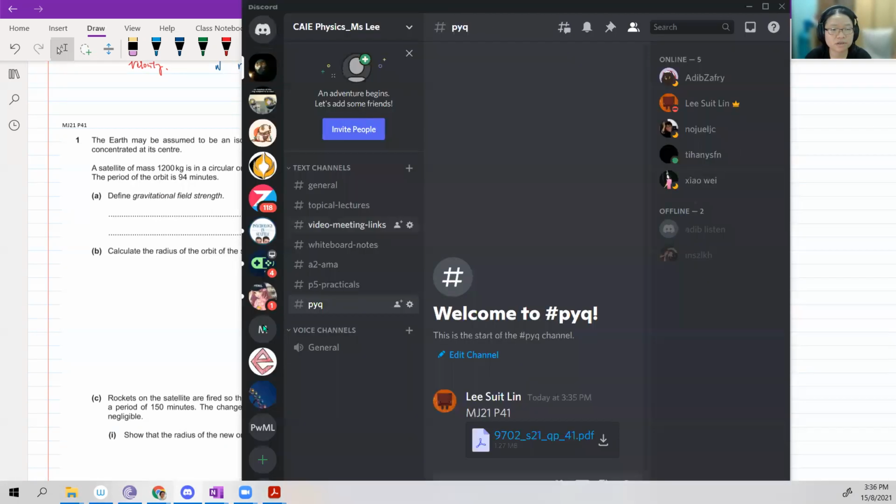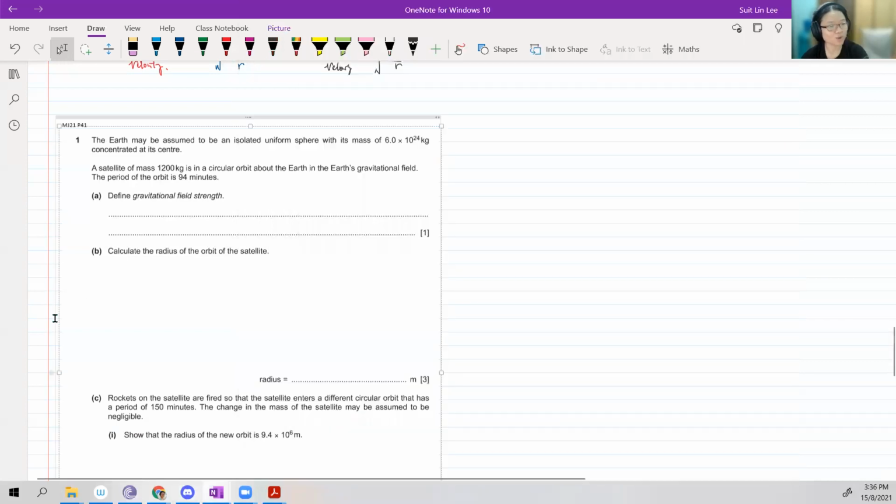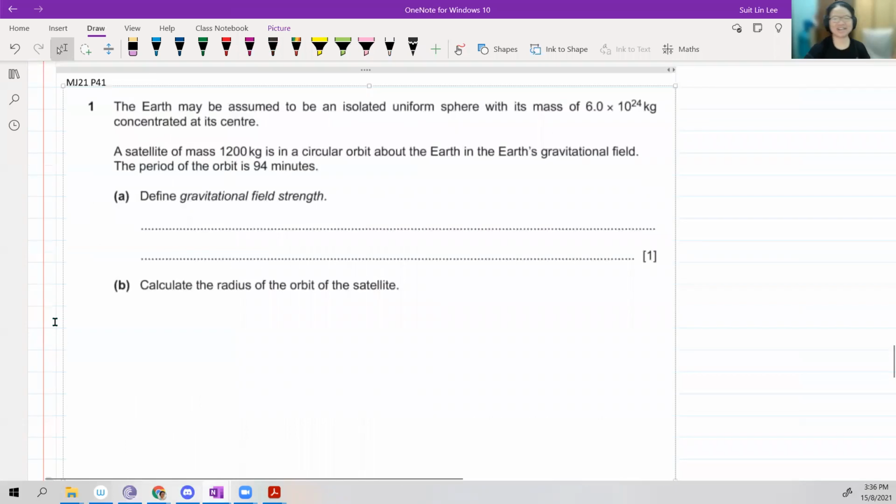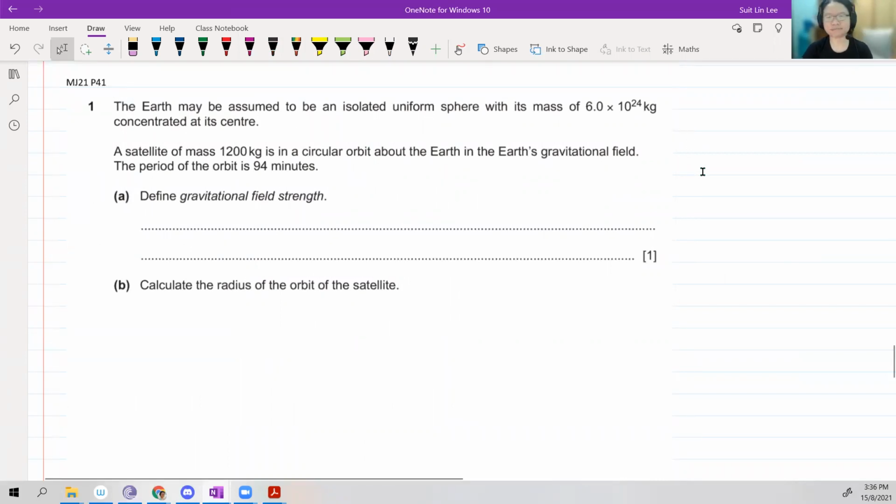Okay, so you can find it here under the PYQ section. You can try question 1. It's like an all-in-one question. Everything tests a little bit, but doesn't go very deep. There are also other questions which test a lot.